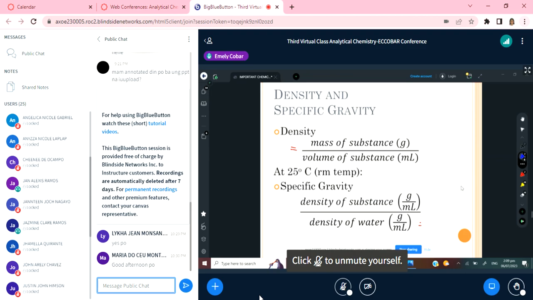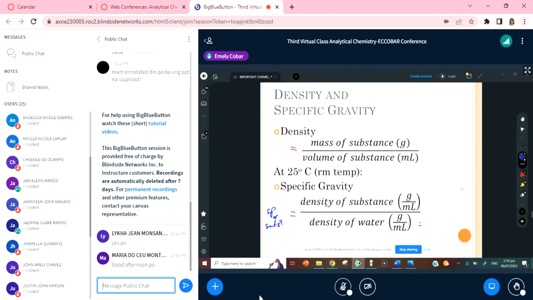How about specific gravity? What is specific gravity? Okay, specific gravity is just the ratio of the density of a given substance with that of water. So, density ng isang substance divided by density ng water, okay? Then this is specific gravity of the substance.